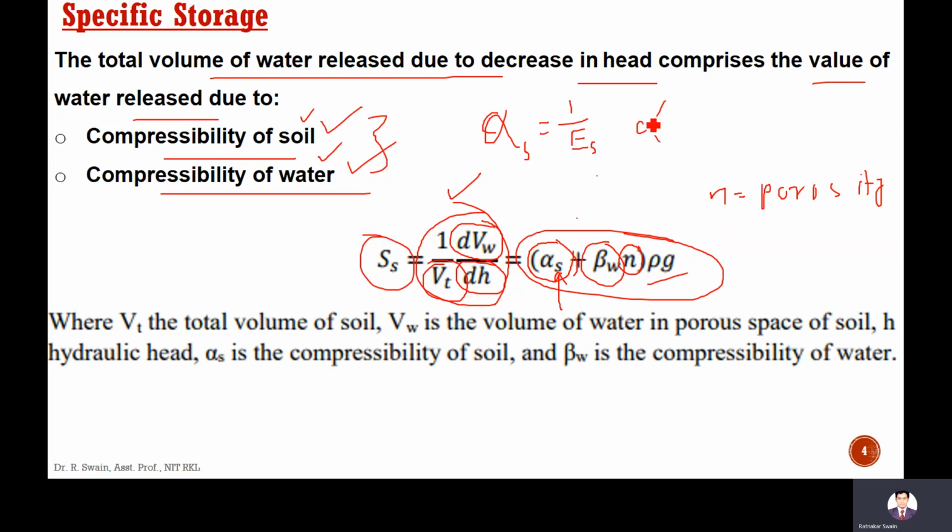Compressibility of water, beta W, is 1 by modulus of elasticity of water. So if you know the modulus of elasticity of soil and water, then you can calculate the compressibility and specific storage.